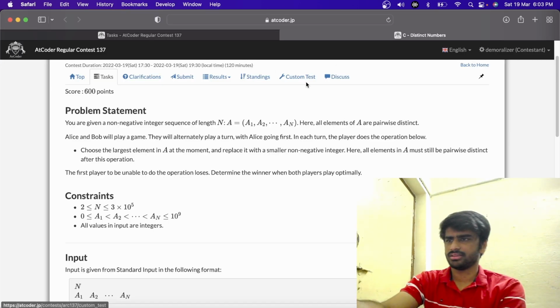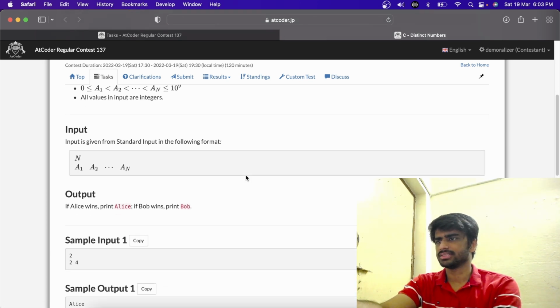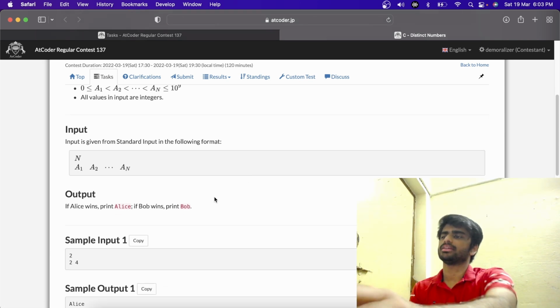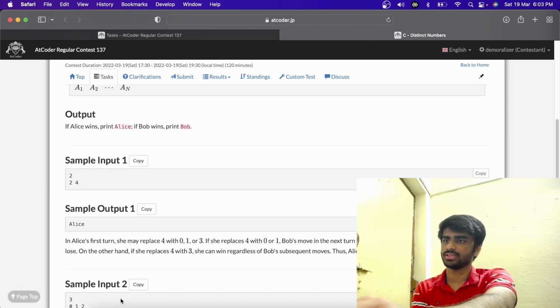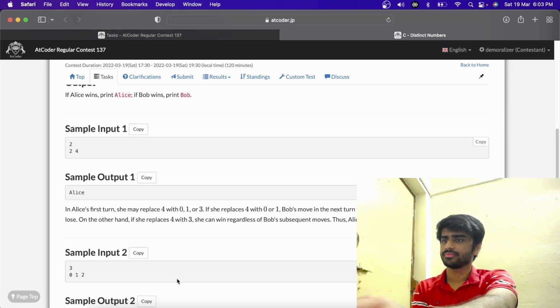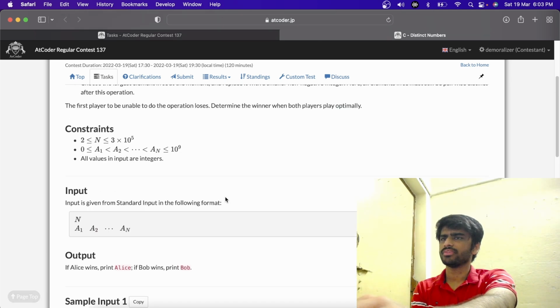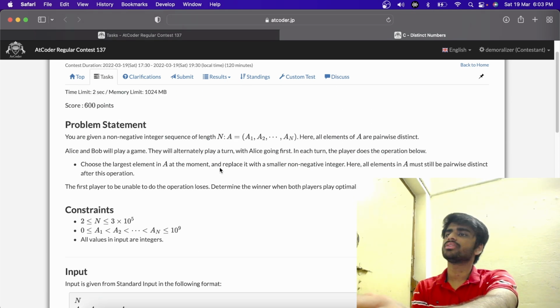Okay, so I guess it definitely depends on the numbers that we have. In this one, Alice can definitely win because she can just pick the 4 and decrease it to 1 and win in the first turn. Wait a second, 0. Oh, non-negative, right.